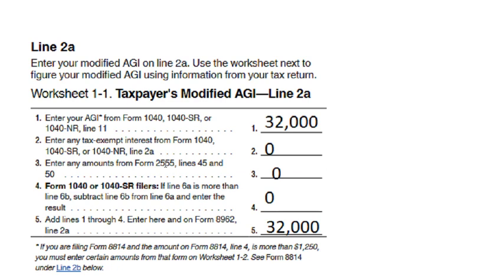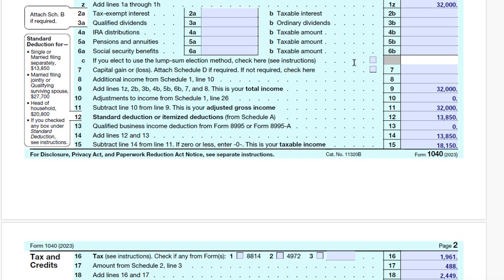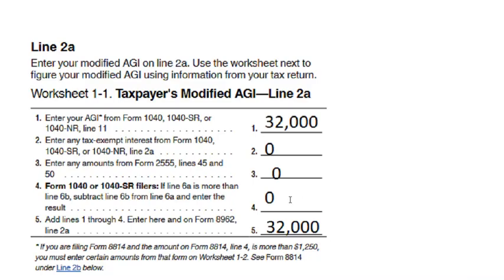For this tax return, Form 2555 is not used, and so it'll be 0. And then line 4, here go to Form 1040, line 6a and 6b. 6a, 6b, nothing. And then line 5, combine everything in lines 1 through 4, and we have 32,000.